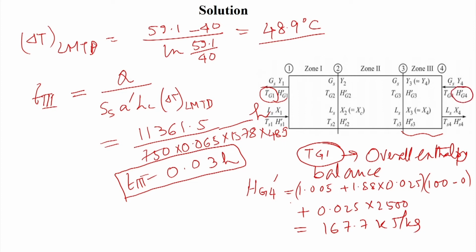So, that is Hg4 prime, which is entering here. Similarly, for getting Hs4 prime, we have another formula.